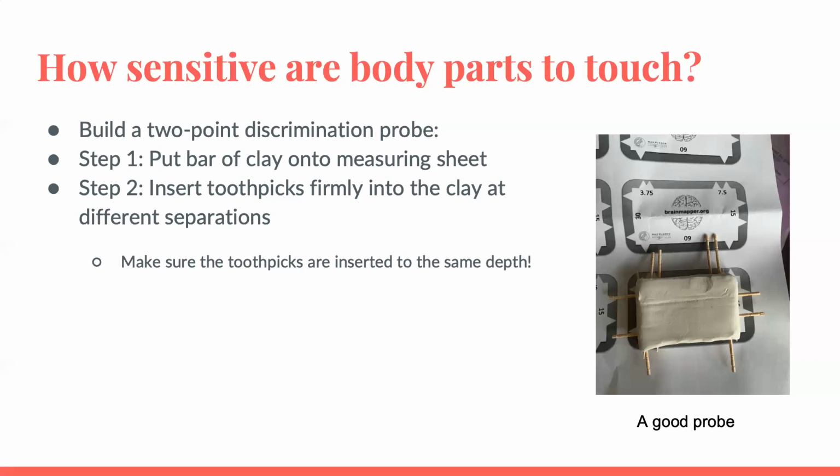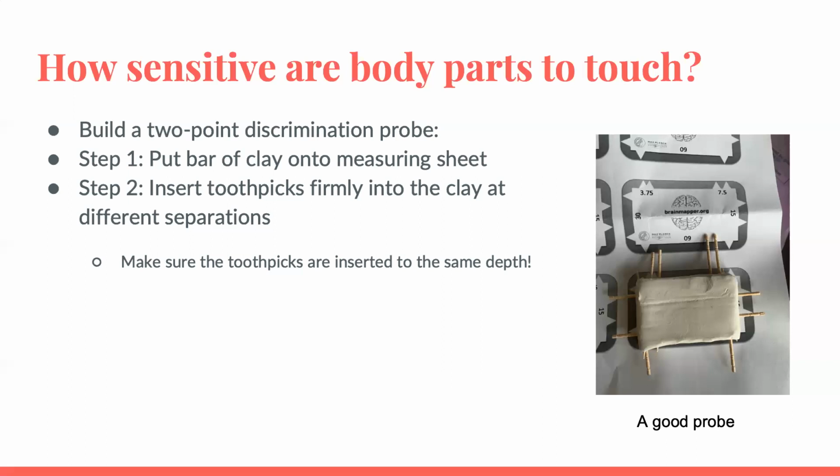So basically, this is telling us that our body has different sensitivity at different body parts. Our hands are probably most sensitive, whereas our arms and our shoulders are probably less sensitive to touch. So in this experiment, we're trying to measure the sensitivity of our different body parts.